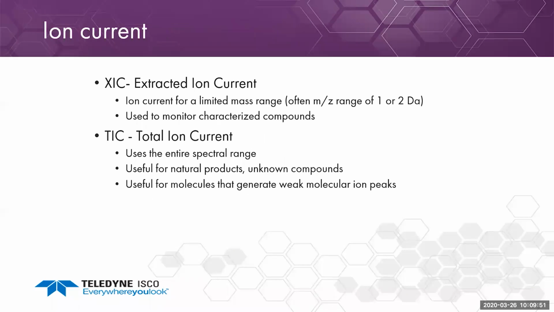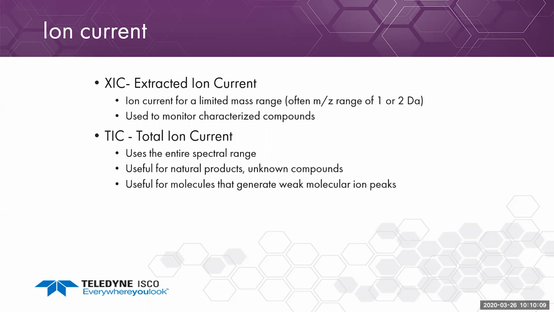I just mentioned extracted ion current, and what that is, is the ion current for a limited mass range, an M over Z range of 1 to 2 Daltons, although that could be just a little bit larger. And it's used to monitor characterized compounds when you're running your chromatogram.